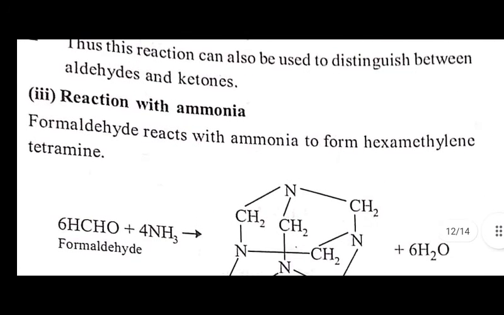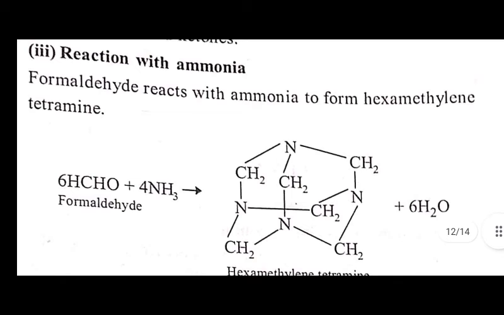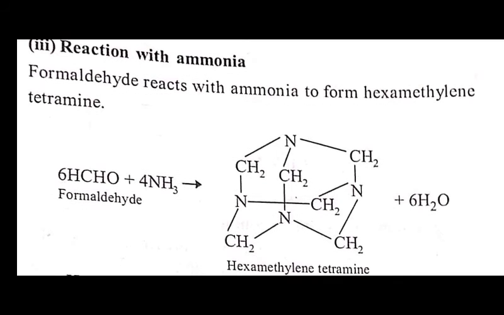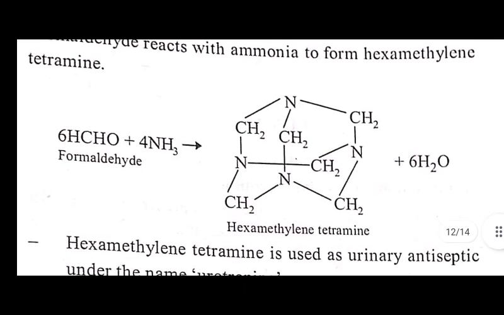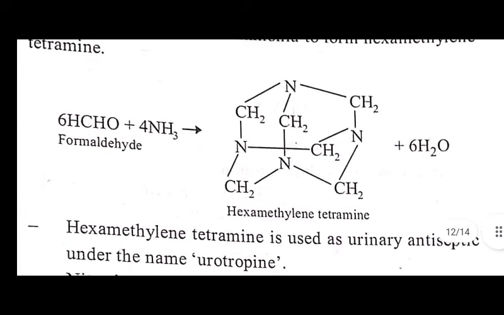Reaction with ammonia, a specific special reaction, is the different behavior of formaldehyde with ammonia. Formaldehyde reacts with ammonia in a very different manner, and it forms hexamethylene tetramine. This is the structure of hexamethylene tetramine. Hexamethylene means 6 formaldehyde molecules, tetramine comes from 4 ammonia molecules.